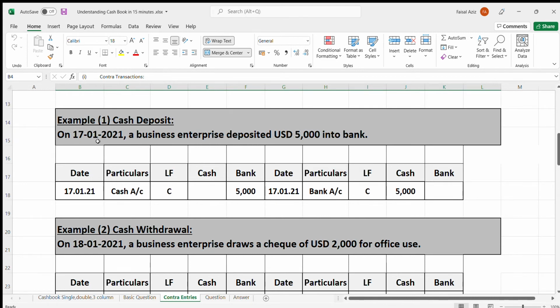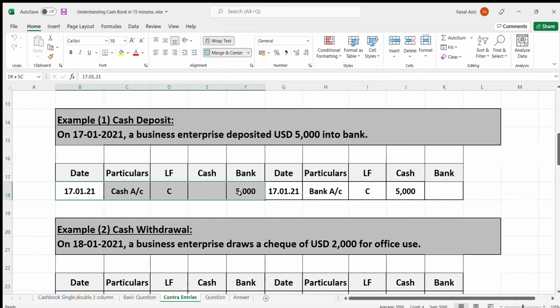On 17th of January 2021, a business enterprise deposited $5,000 into the bank. Viewers, you can see that the business enterprise has deposited $5,000 in the bank account. So on the left side, we will have to mention this deposit in the bank column, which I have already mentioned over here.